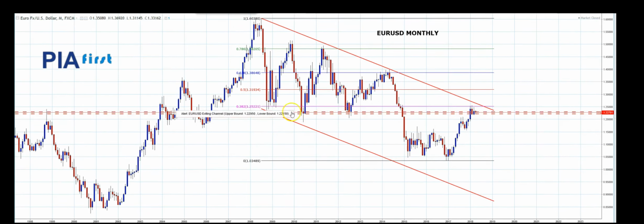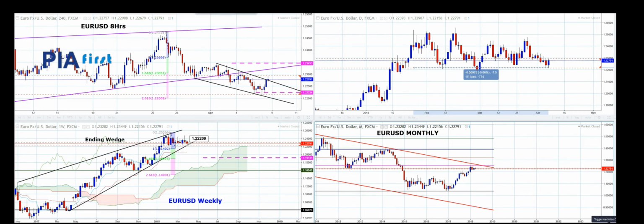So we've got a 38.2% retracement level here at 125.22, and we've seen this rally capped by this Fibonacci level. We've also got trendline resistance just above here, coming in around 126.36. So any rallies now, we're really looking to be capped in this major currency pair.